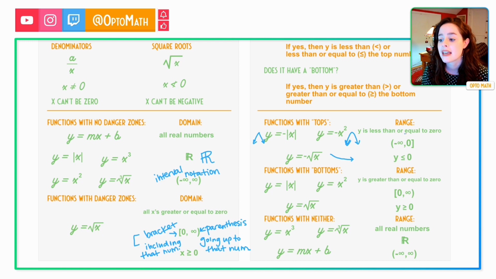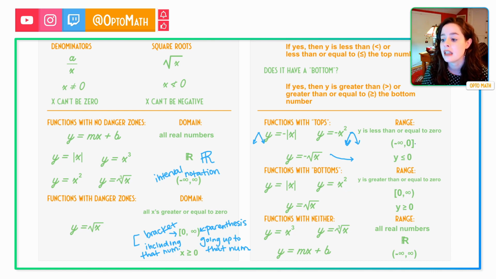So y is less than or equal to 0 for these three particular equations. Now it could be different if you have some transformations, so some movement around on your graph. But if it's just these equations, then all three of these is y is less than or equal to 0. Because that's the point at 0 for y, so is this, and so is this. Okay, that's the y value for all those tops.